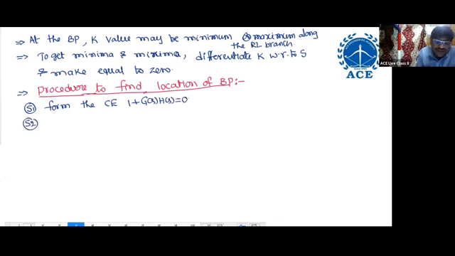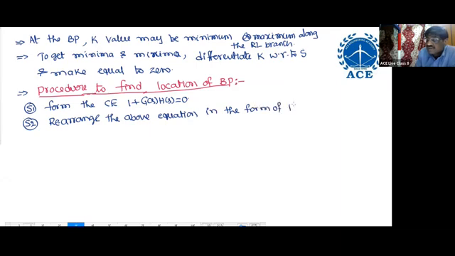Step 2: Rearrange the above equation in the form of K equal to minus F of S.